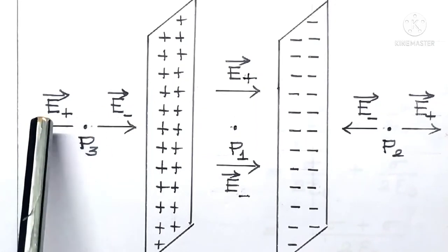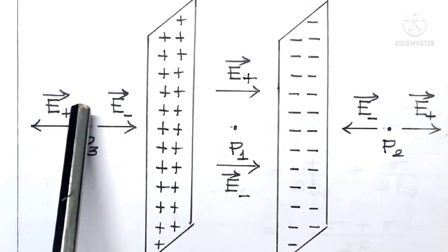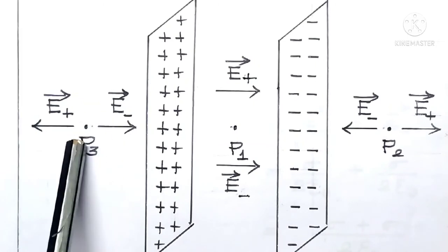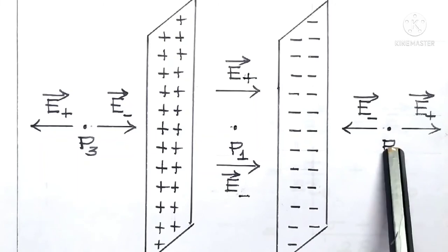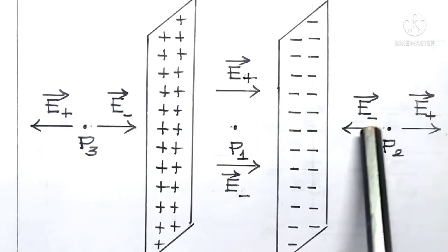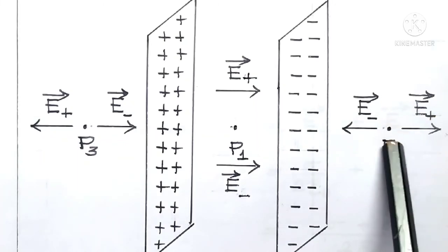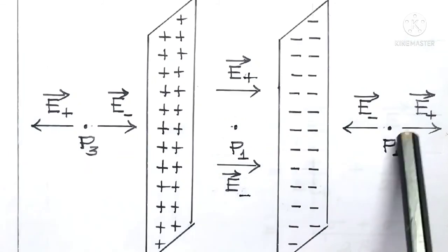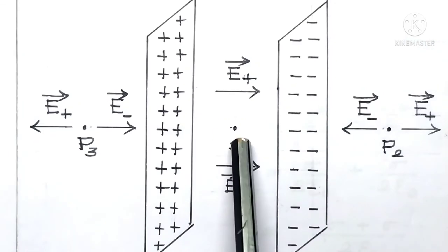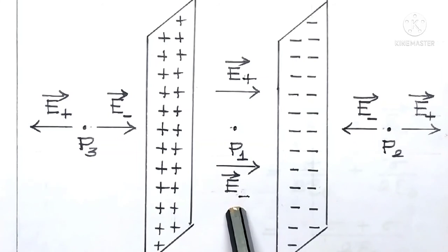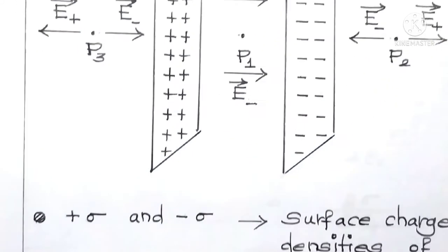So what happens? Here they get cancelled and the electric field at this point is 0. Similarly, at this point P2 also, both of them get cancelled and the electric field at this point is 0. But when we come to the point P1, here both the vectors get added up. By keeping these points in mind, let us derive the derivation.